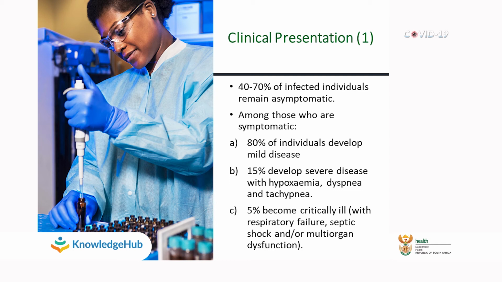But of those that have symptoms, 80% develop mild disease. 15% of patients will develop severe disease with hypoxia, and 5% will become critically ill.